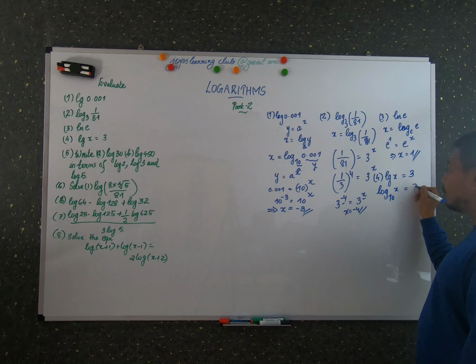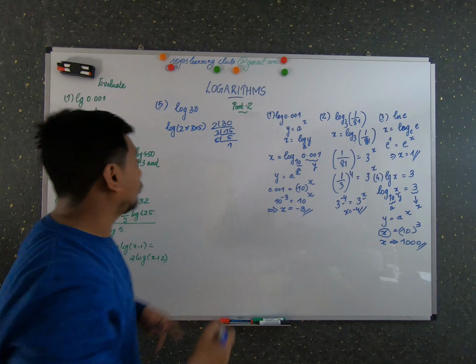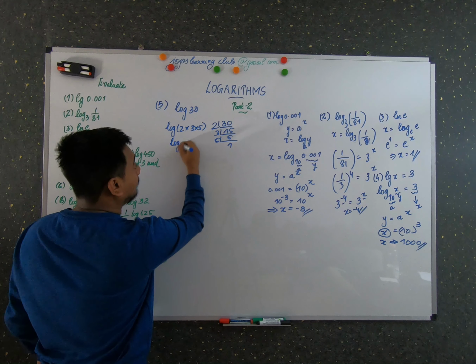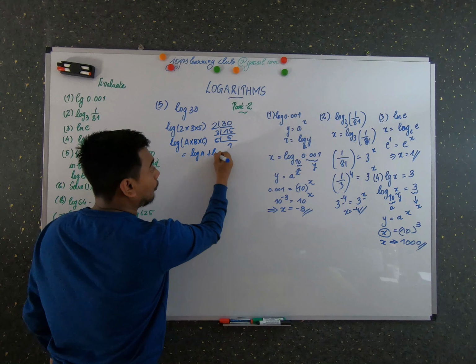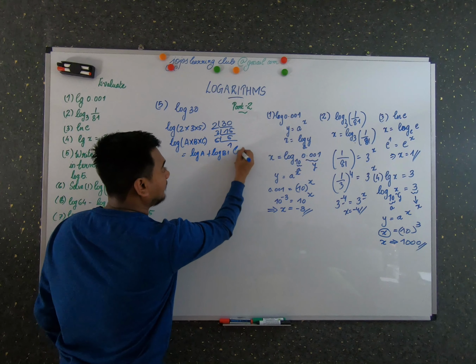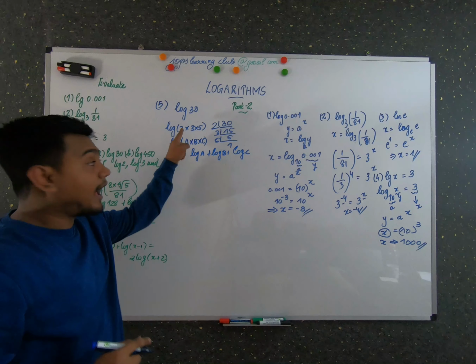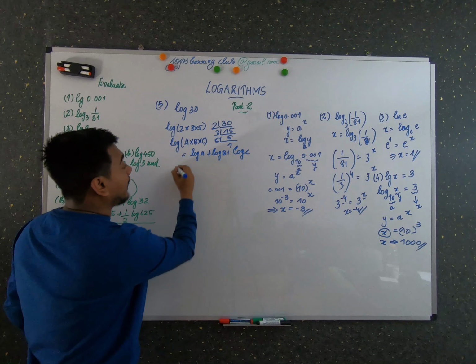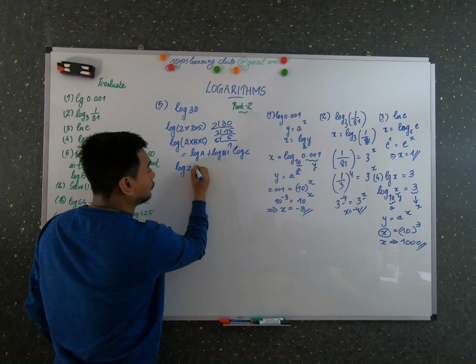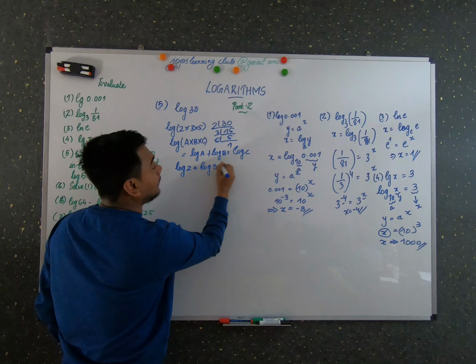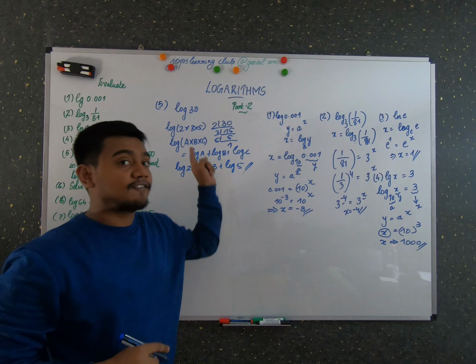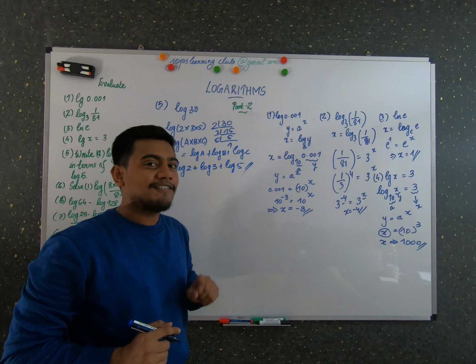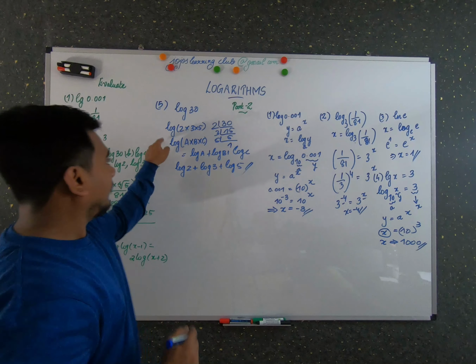Apply the law of logarithms for multiplying numbers. For example, you can express log of A into B into C as log A plus log B plus log C. Similarly, applying it in this question, the answer is log 2 plus log 3 plus log 5. And this is how you find the answer for the first section of problem number 5. I hope it's clear. Okay.